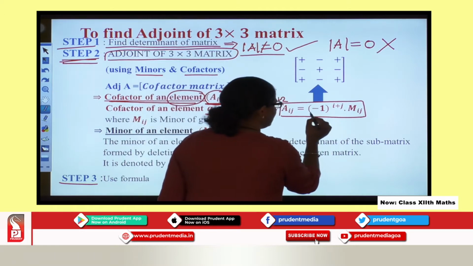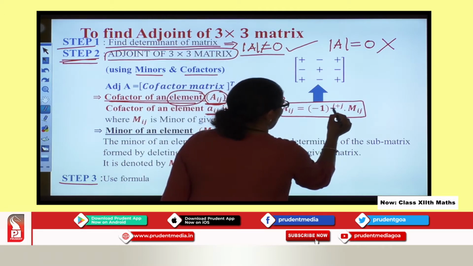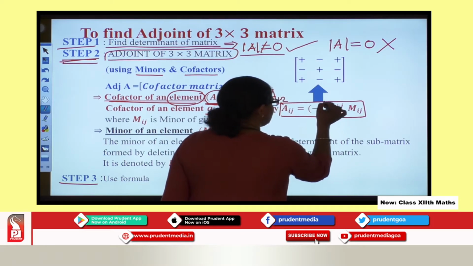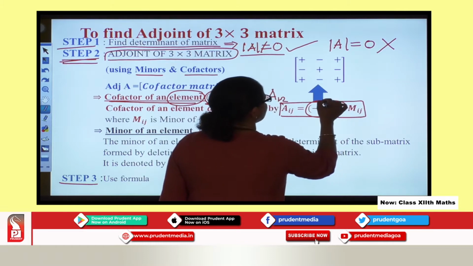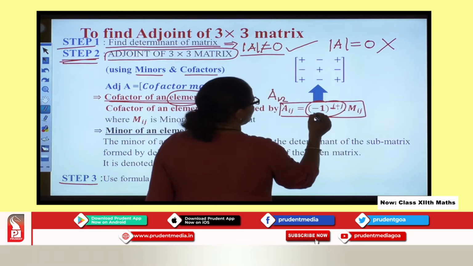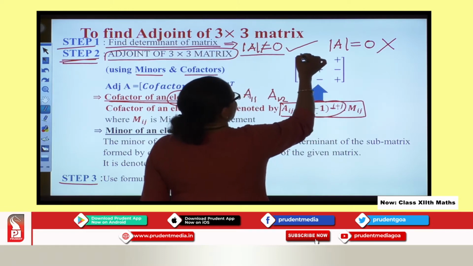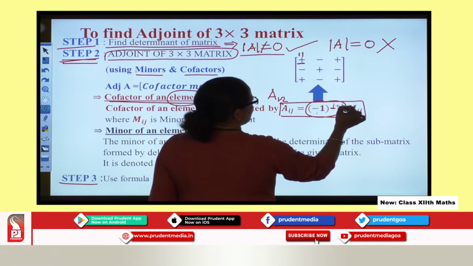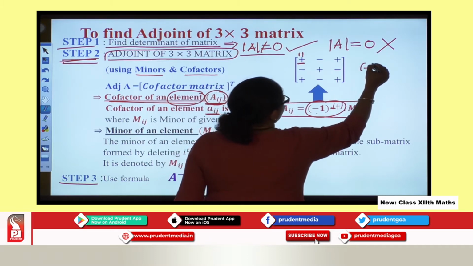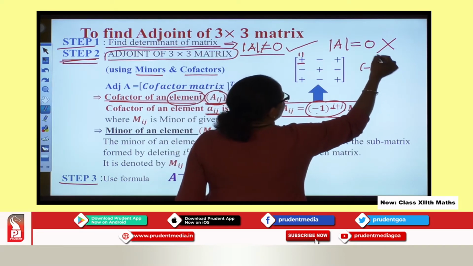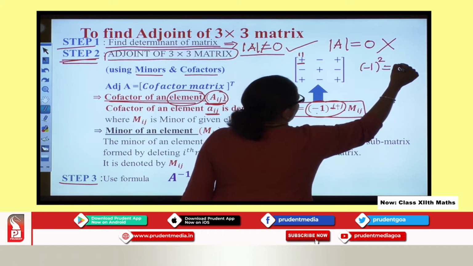Now here you can see minus 1 raised to i plus j. This basically gives the signs. See, minus 1 raised to, what is this position? It is first row, first column, 1, 1. So i plus j, 1 plus 1, what you get? 2. So you get minus 1 raised to 2, and you know minus 1 raised to an even number is always 1.